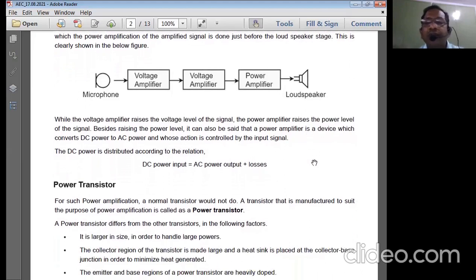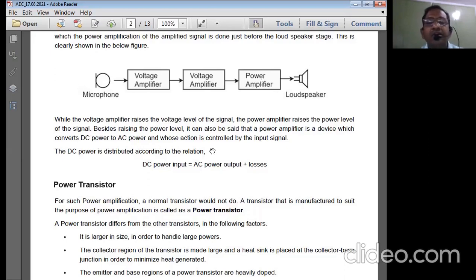Now, one more meaning for the power amplifier is that it is a device which converts DC power into AC power. Therefore, efficiency is also an important issue for power amplifier circuits. The power amplifier transfers maximum power into the loudspeaker based on the DC power applied to the power amplifier stage.